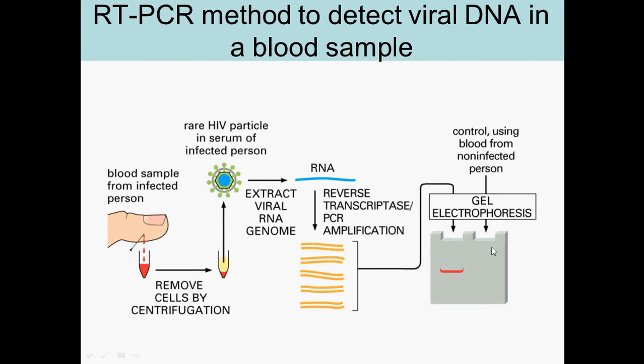And then you do gel electrophoresis, and if it shows up a band at the expected size, then you know the person has HIV. Or you can just run regular PCR and see if some of the cells have the HIV sequence incorporated into it.